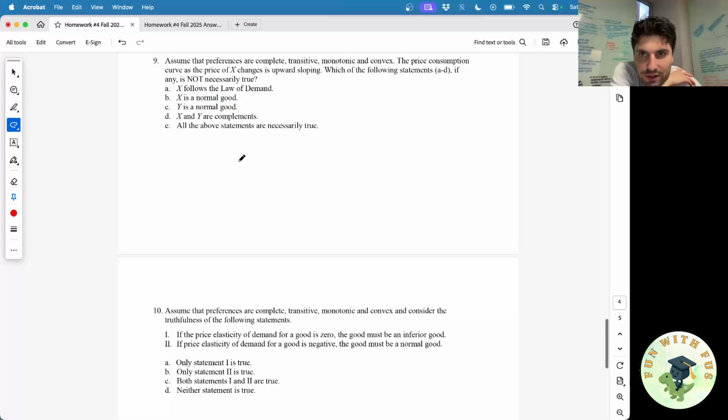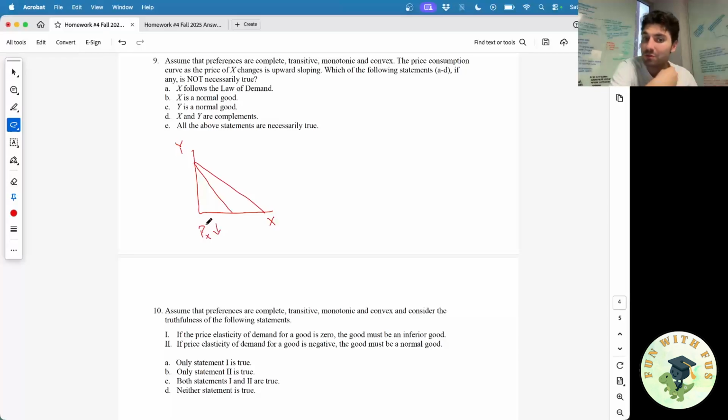Assume which of the following statements A through D are not necessarily true. Okay, jeez. What is happening? They just filled me with so much word clutter. The price consumption curve as price of X changes is upward sloping. Okay, let's get that graph going because I do know how to read that. Let's just say price of X decreases because that's how I always like to roll.